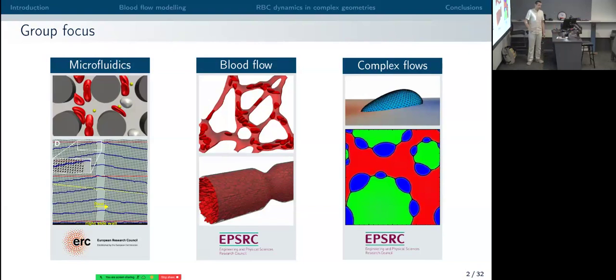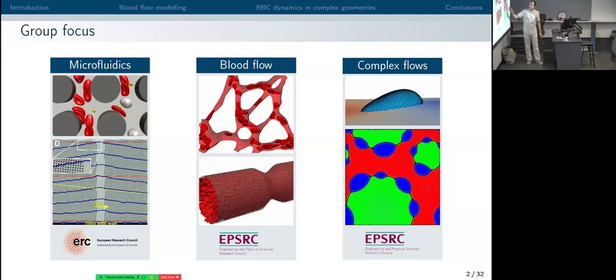Also, what we do occasionally is something that you could call complex flows, where you have fluid mechanics, but you also have additional physics, for example, surface tension effects and so on. Just 2 examples. At the top, you see a deformable capsule at a fluid-fluid or liquid-liquid interface. And then the interplay of elasticity of the capsule and the surface tension between the 2 liquids, together with a contact angle at the surface of the capsule, can lead to interesting physics.